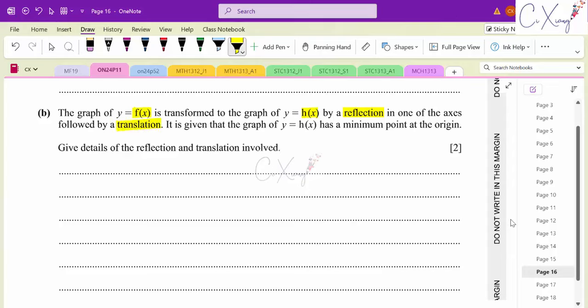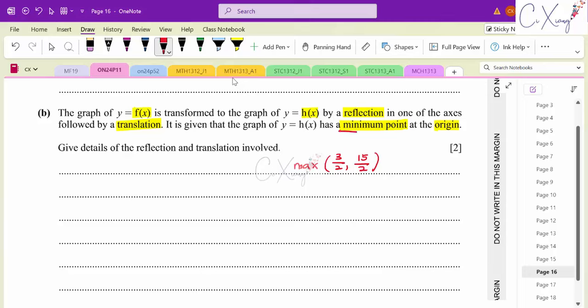It is given that h(x) has a minimum point at the origin. So give the details of the reflection and translation involved. Originally I'm having a maximum point for the function f(x), which is (3/2, 15/2).